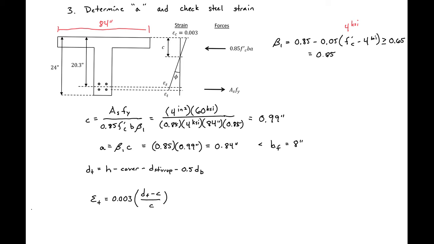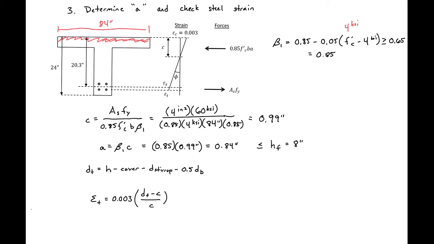So we know that our compression block lies entirely in our top flange. So in our cross section, our compression block will be in our top flange. So we can analyze it just like a rectangular beam.